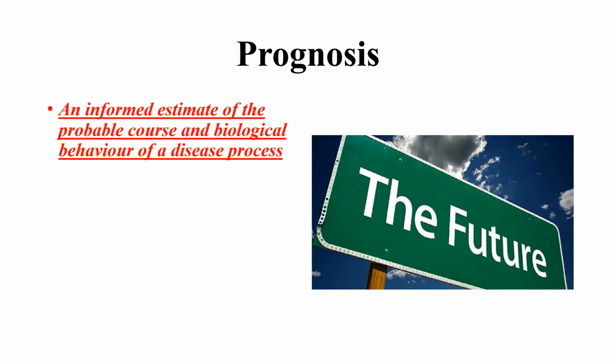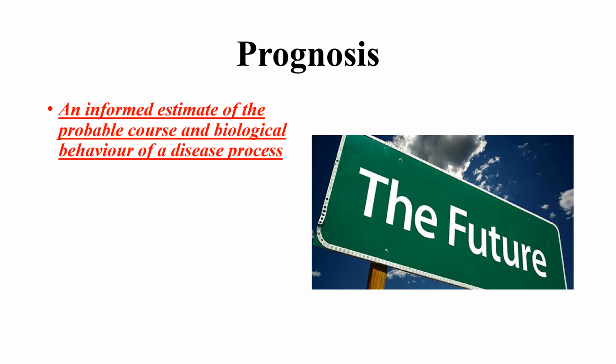Next is prognosis. Prognosis and diagnosis are different things. Prognosis will tell you the outcome of the disease. What will be the future of the disease? Suppose, for example, tuberculosis. What will be the final outcome? If the patient takes proper treatment, he will be cured and come back to a normal life.